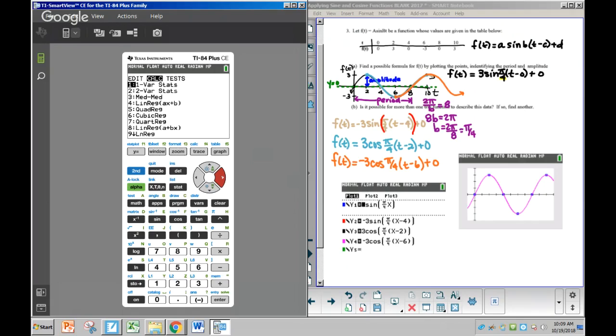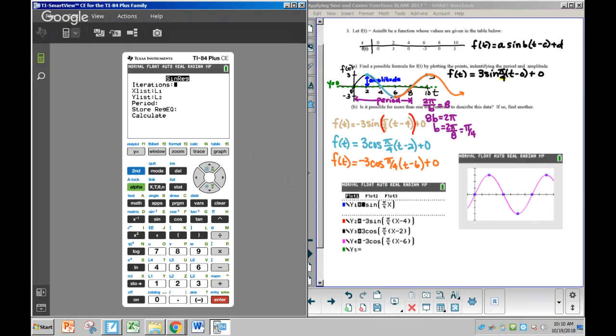Now we have a long list of regression models here, and I don't see what I need yet. I'm going to scroll down. That's a natural log. This is an exponential. This is a power function, logistic. So there it is. So I'm going to press enter.